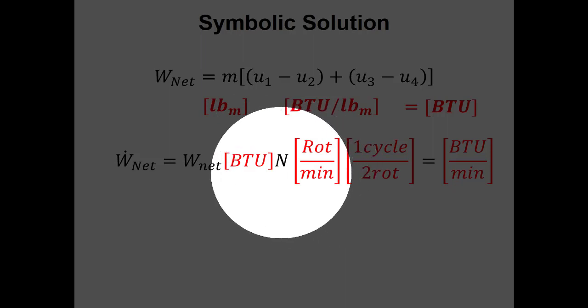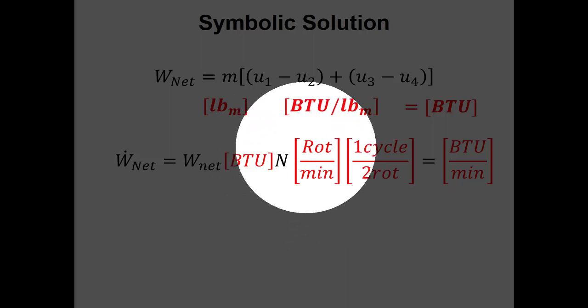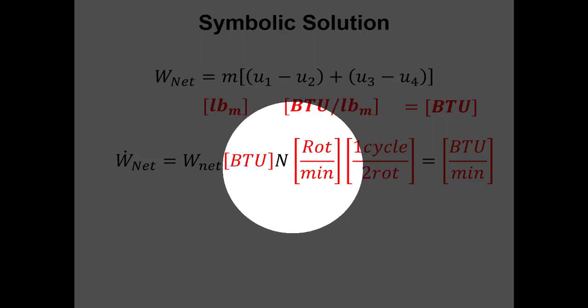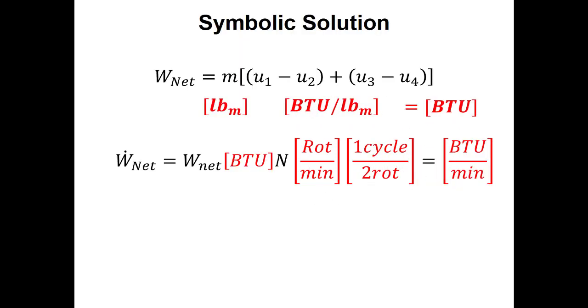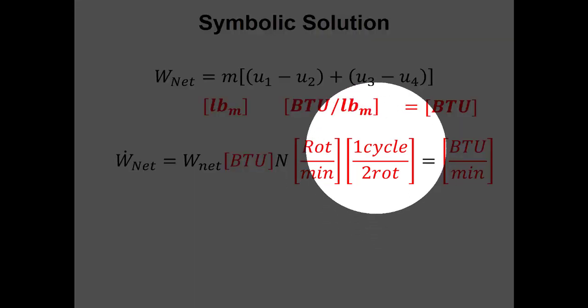Now I've got to remember how many rotations per minute I have; that's the rotational speed, which I was told. But then I've got to remember, is it a two-stroke engine or a four-stroke engine? Every rotation of my drive shaft gives me 2 strokes. So if it's a 4-stroke engine, like we're talking about here, I need 2 rotations to perform 1 cycle.